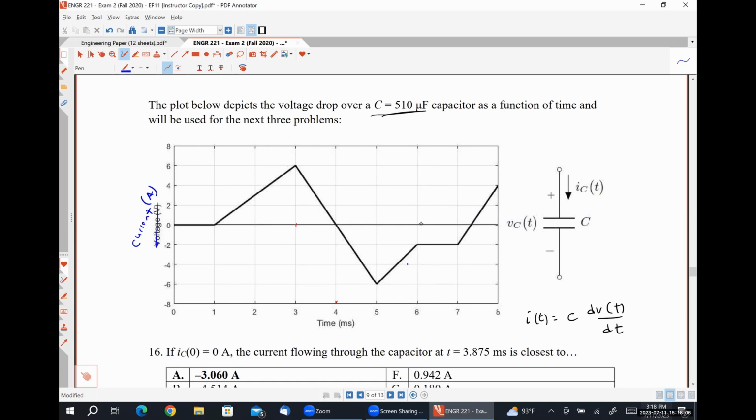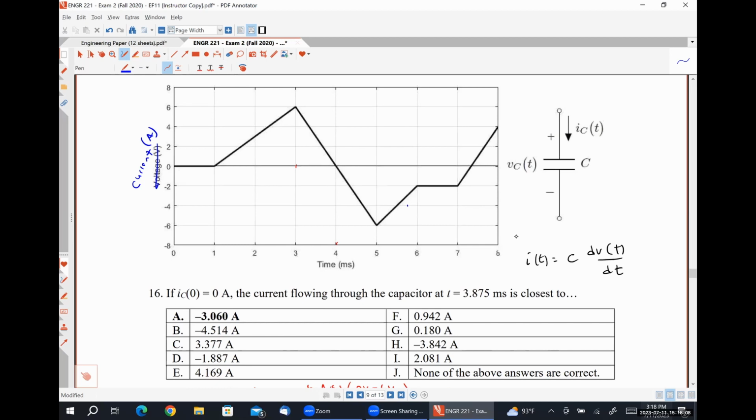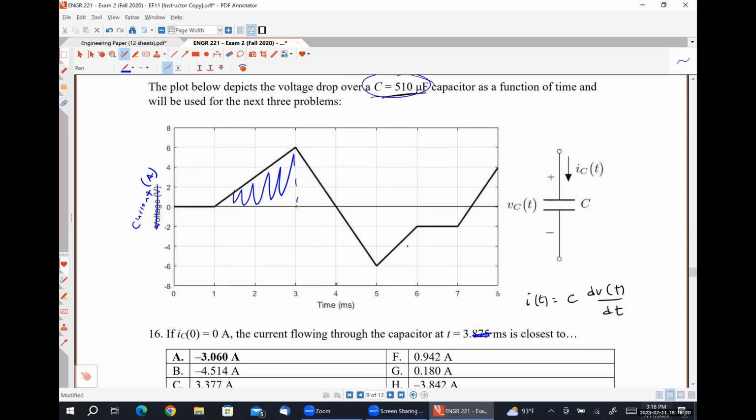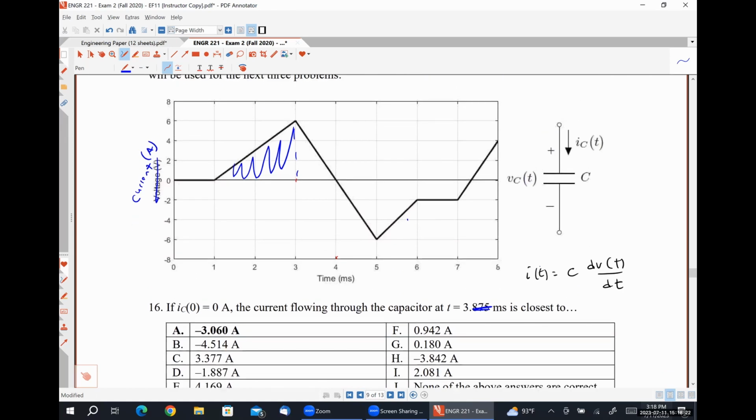For a problem like that, I wouldn't ask at T is equal to 3.875. I would ask for T is equal to 3, so that you would literally just be finding the area of this triangle, dividing it by C is equal to 510 microfarads, and then adding the initial condition, which I have to give to you.